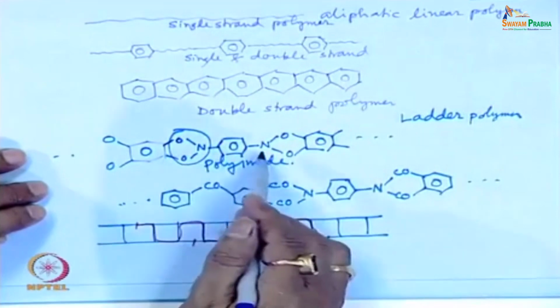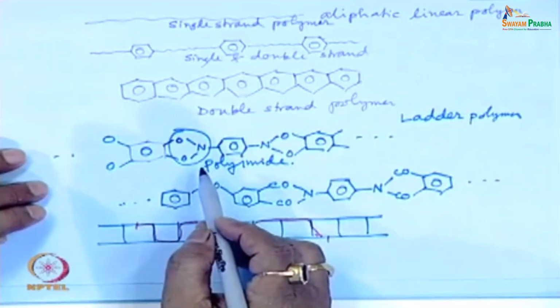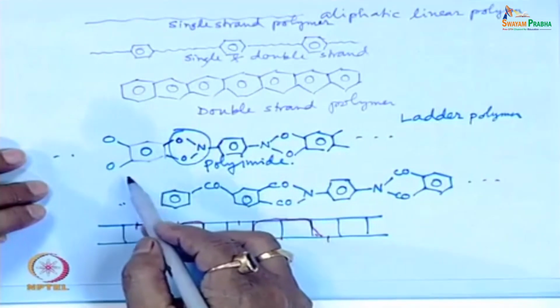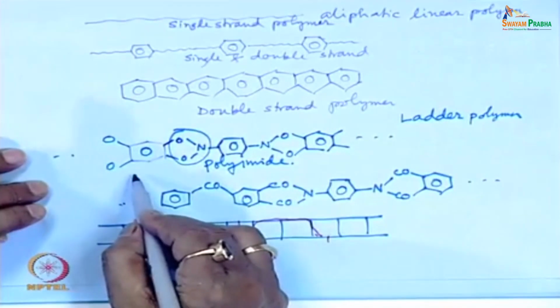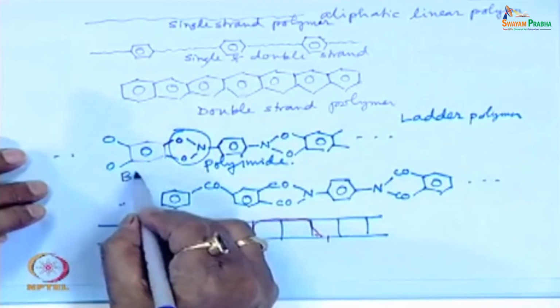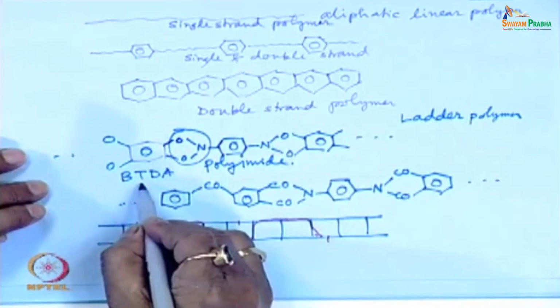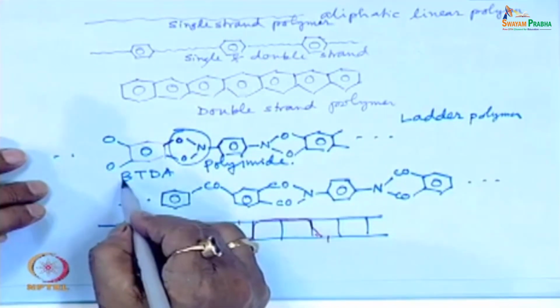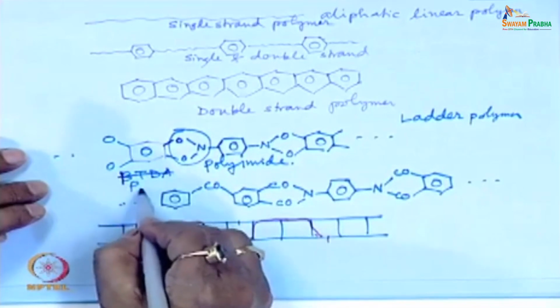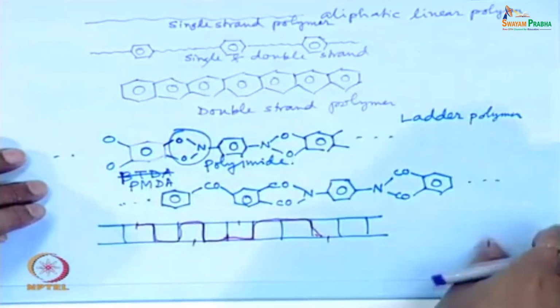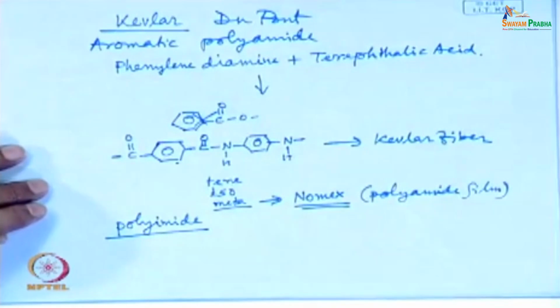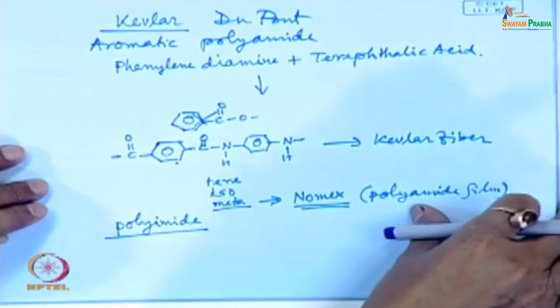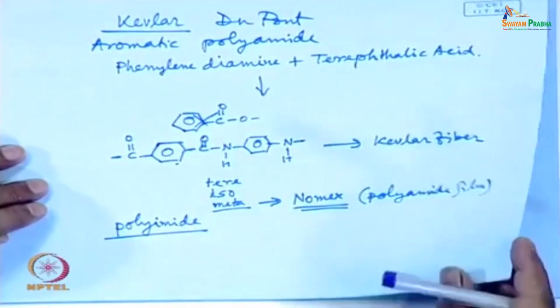They took the same reagents, they got a precursor polymer, a pre-polymer of polyamic acid by reacting this, actually this is BTDA part, benzophenone tetracarboxylic dianhydride, sorry PMDA, I am sorry, this is PMDA, pyromellitic dianhydride.